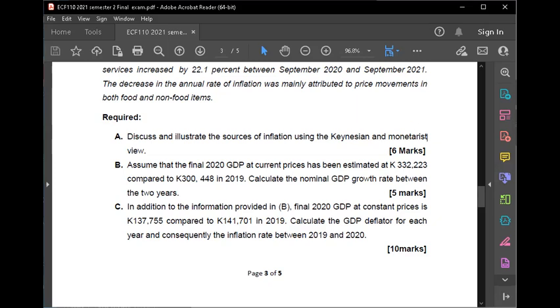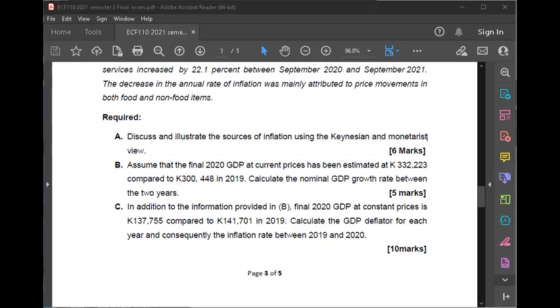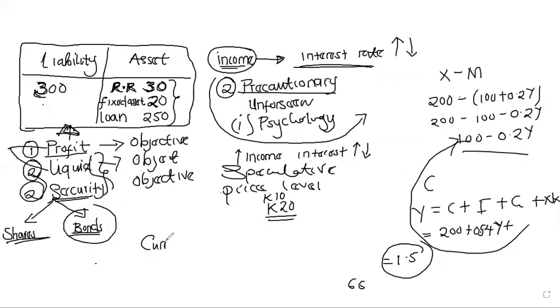Now, when it comes to GDP growth rate, it's just the current GDP minus the initial GDP, divided by the initial GDP, times 100.